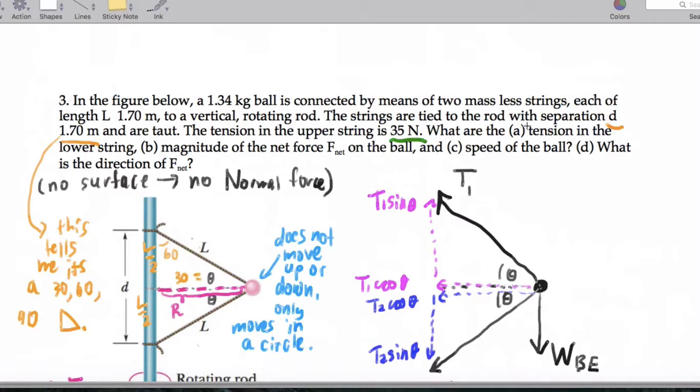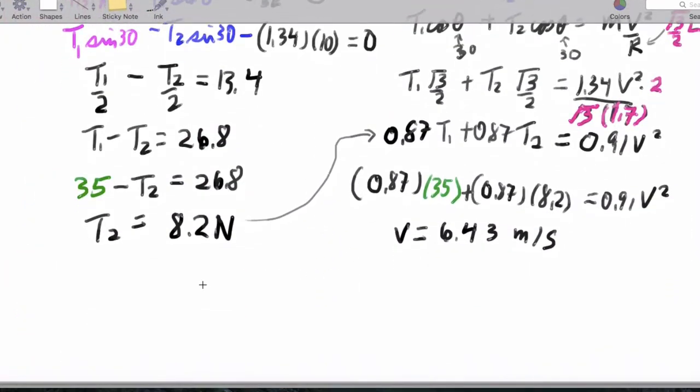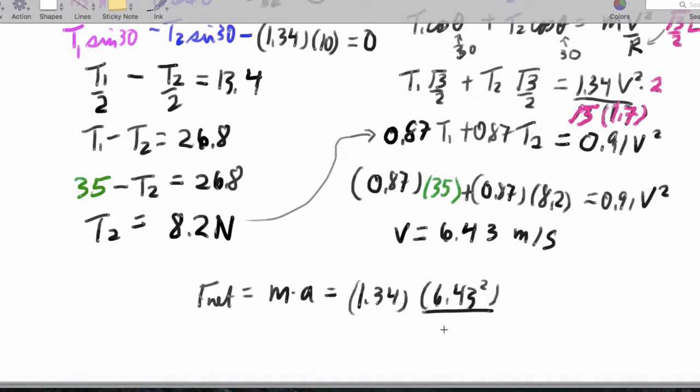We got the tension, we got the speed. Now the magnitude of the net force F net. Well, F net is going to be m times a, which is going to be 1.34 times 6.43 squared divided by, well, the radius is going to be 1.7 times square root of 3 over 2.